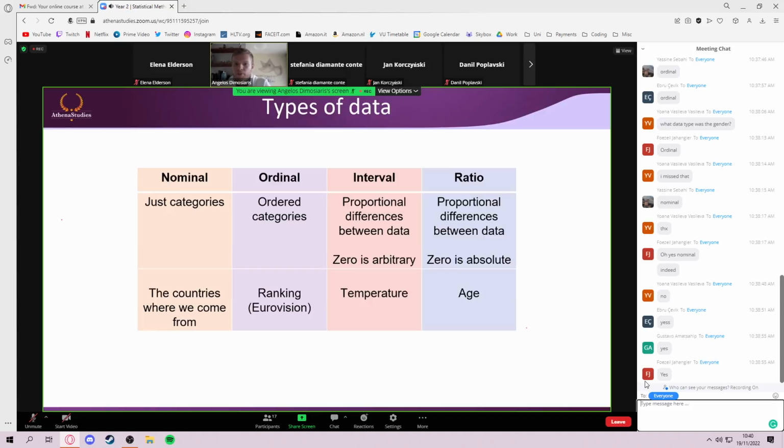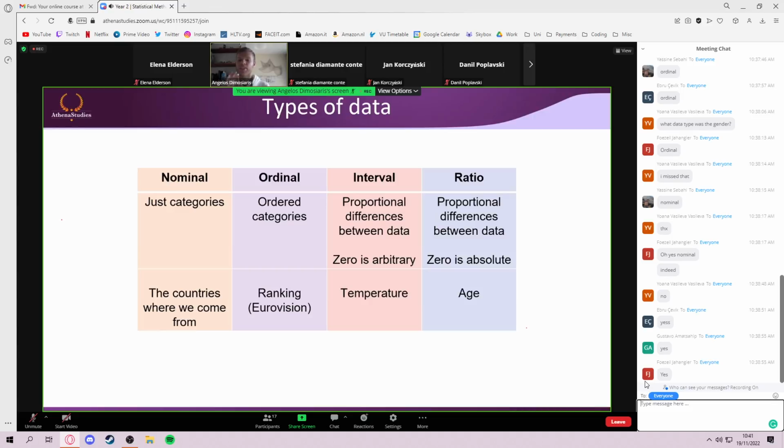In interval variables, the zero is arbitrary. I can only think about temperature as a good example. So I'm going to say that once again. 0 degrees Celsius is a value of temperature. It doesn't mean that you don't have a temperature at all. But in ratio variables, if you have 0, that means you don't have any.